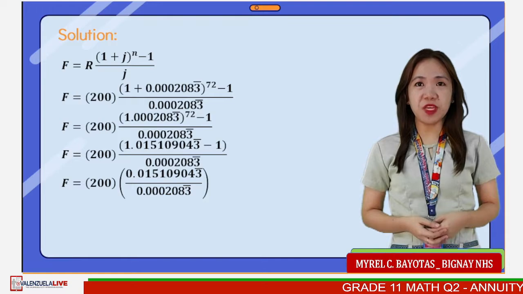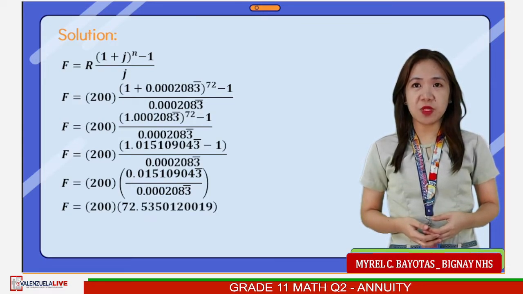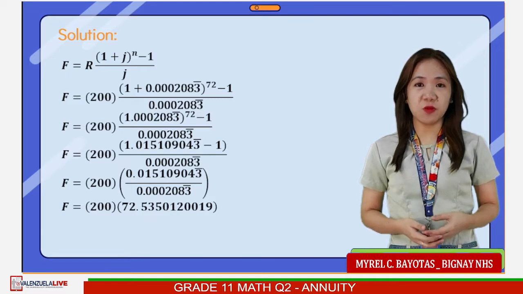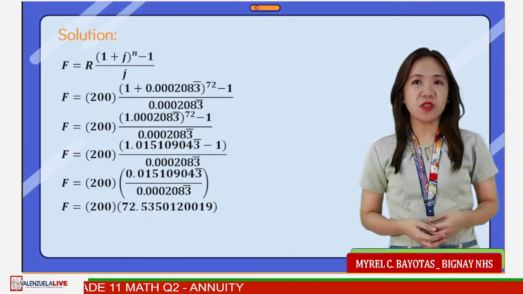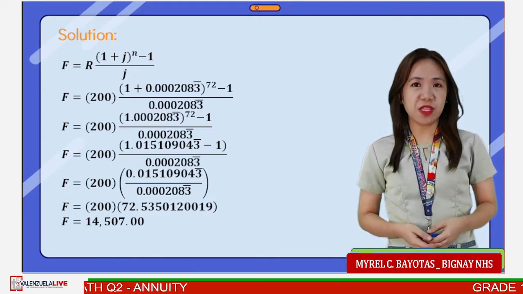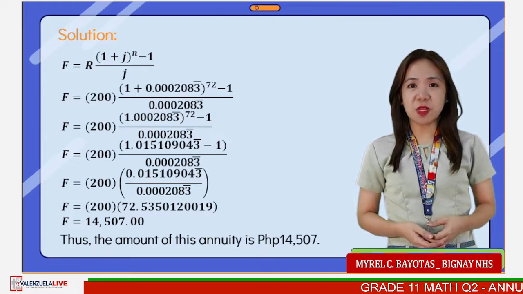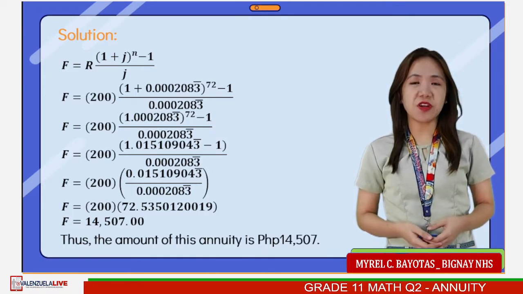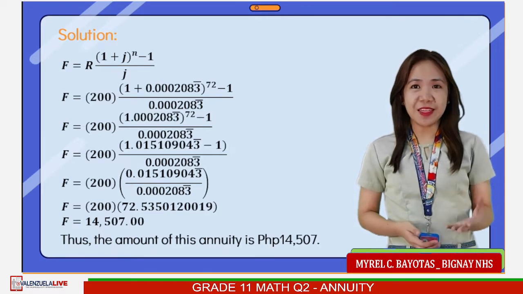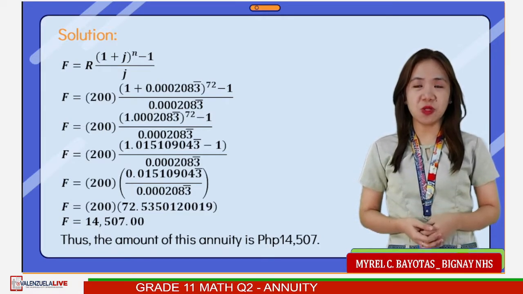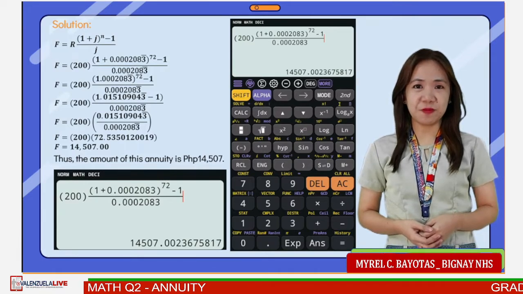That makes F equals 200 times 72.5350120019, resulting to F equals 14,507. Therefore, Marie will be able to save 14,507 pesos for her graduation. Again, let me show you how the solution will look like once you encode it in your scientific calculator.